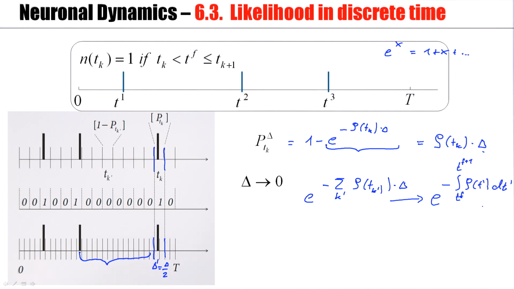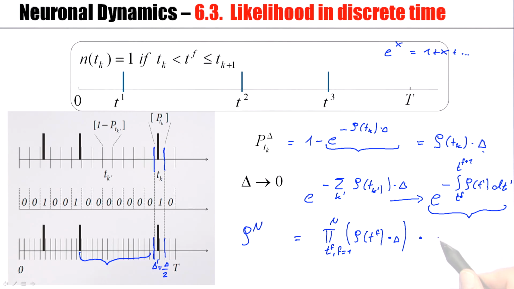Now, if we write down the likelihood in discrete time for a situation with exactly n spikes, then we would have the product over all these different firing times, f equal 1 to n, of rho evaluated at tf times delta, multiplied with the survivor function going from tf to tf plus 1, e to the minus integral of rho of t prime dt prime.